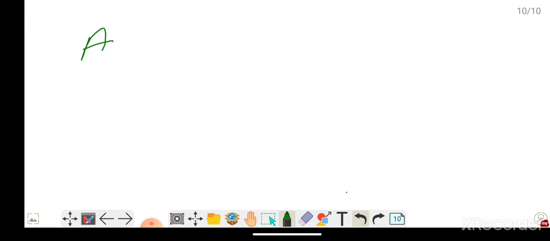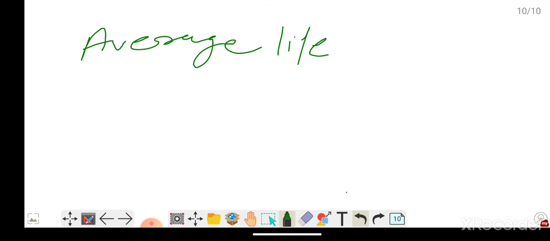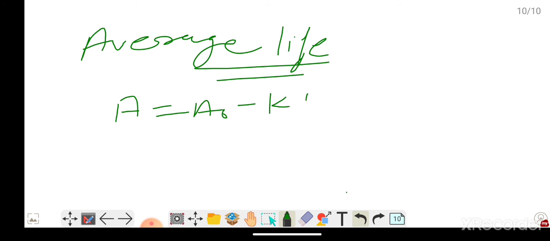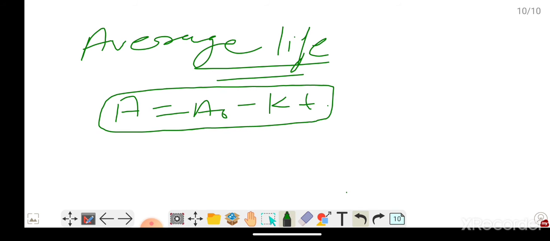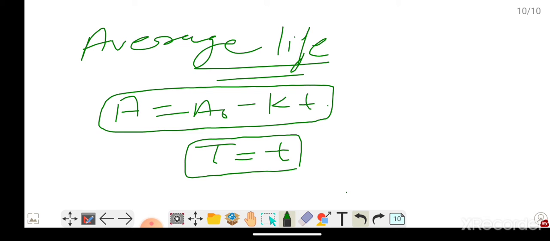Now we have the average lifetime of zero order reaction. So what is average life? Let's suppose we have A is equal to A naught minus KT. Average life is denoted by tau, and it is the time required for all the reactant to be converted into product.